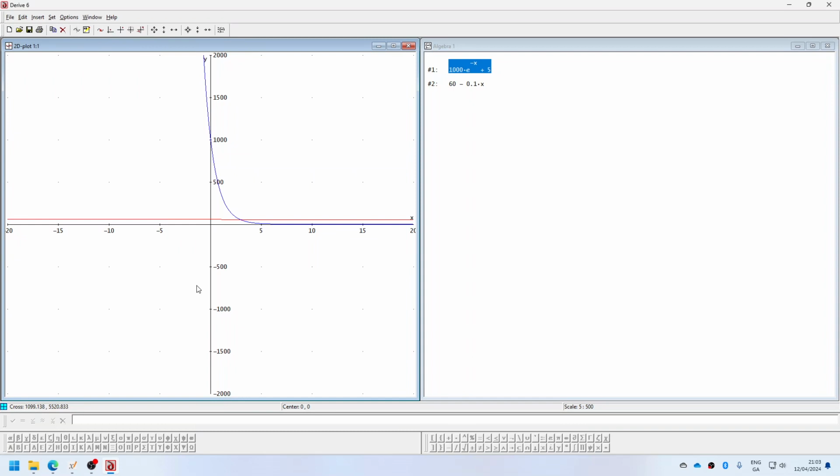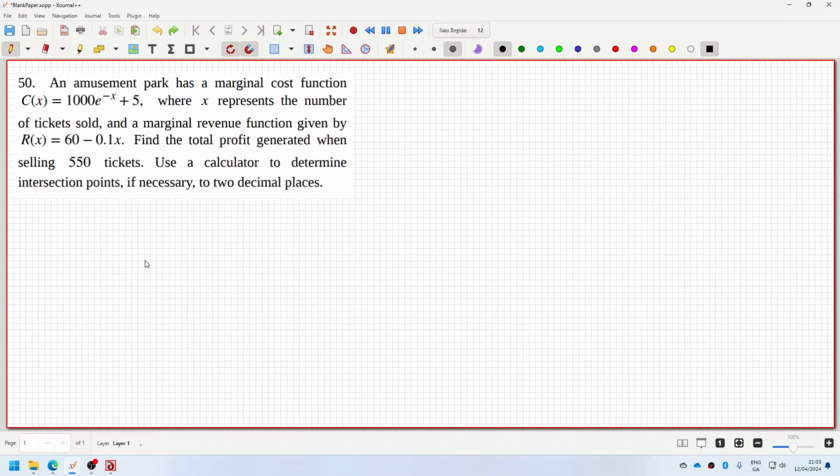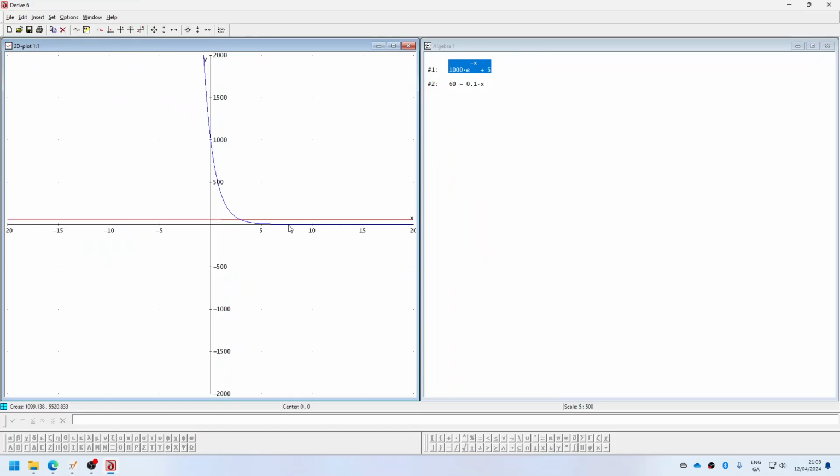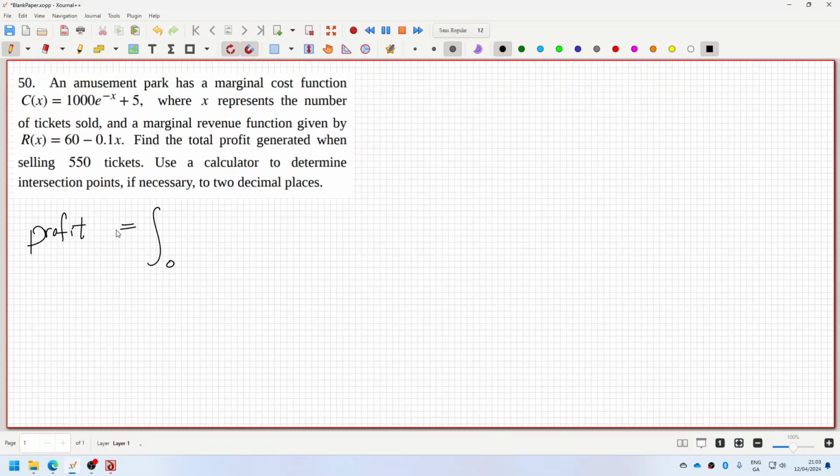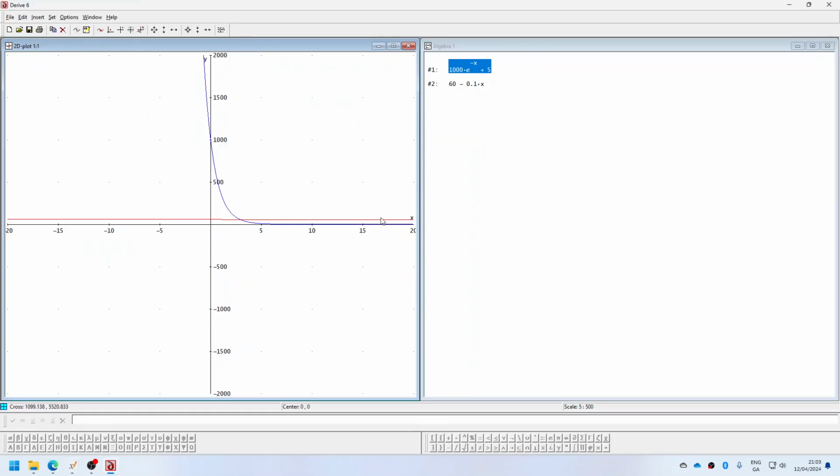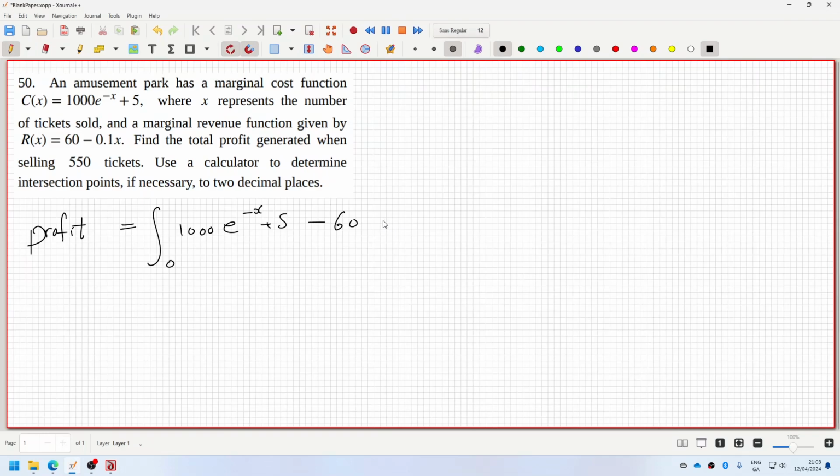Because remember, the profit is going to be 0, the exponential function, minus 60, so plus 0.1x dx.